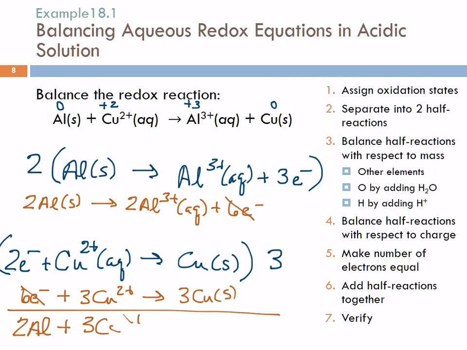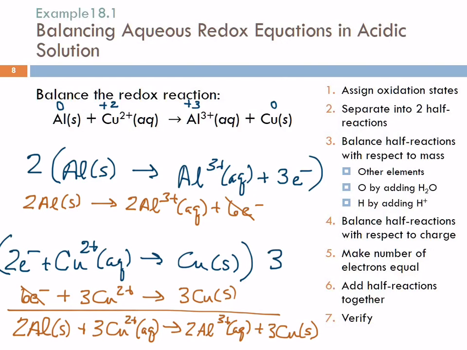And I realize I've suddenly dropped the state symbols. 2 aluminum, 3 copper, and that's going to give us 2 aluminum ions and 3 copper atoms. So this is our balanced equation down here.